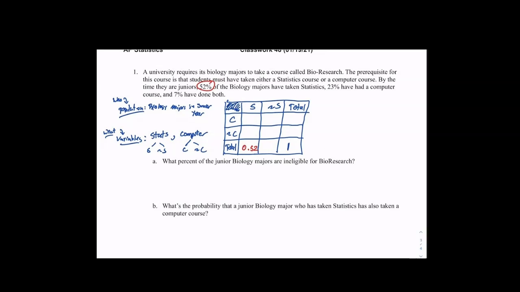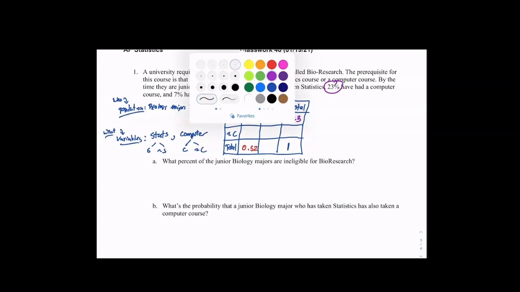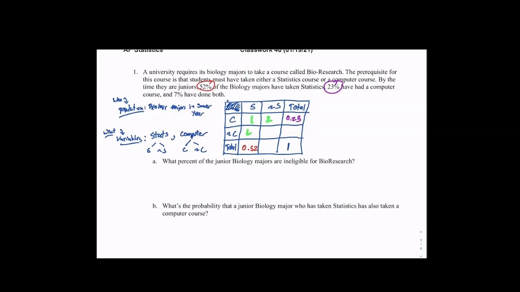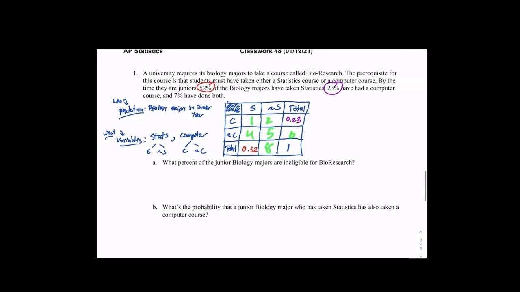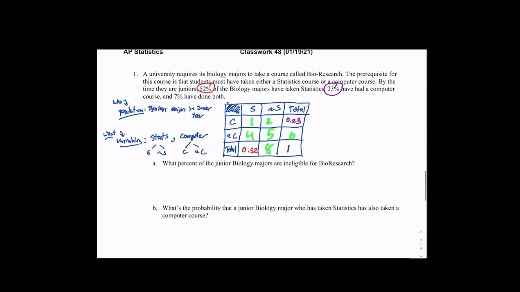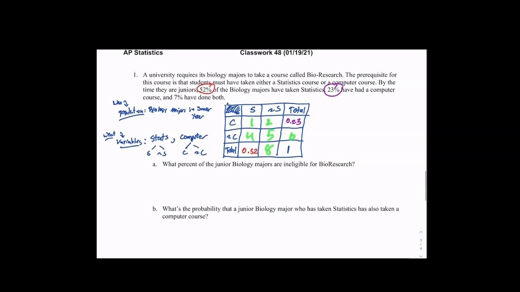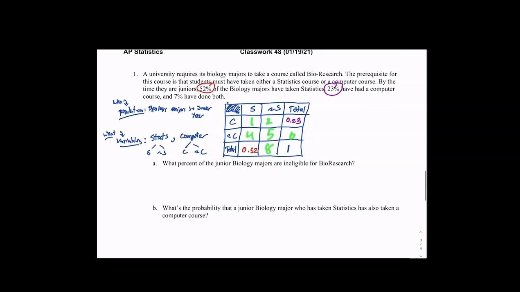Now we're making some movement here. 23% have taken a computer course, so that's 0.23. All right. Out of these 8 boxes, the next one says 7% have taken both. So that means they have taken statistics and computer science. There we go, box 1.